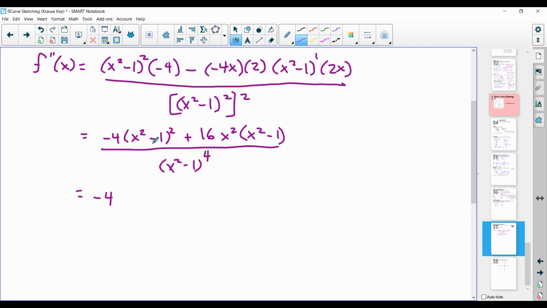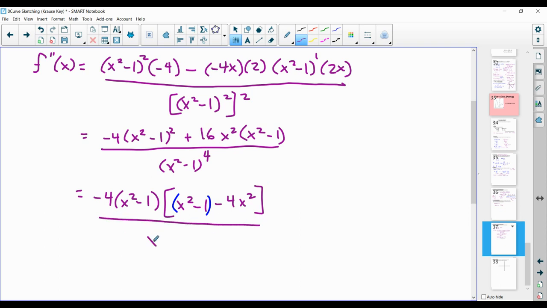Remember, we always pull out our factor that has the lowest degree. So we're going to pull out an x squared minus 1. And that's going to leave us with an x squared minus 1 minus 4x squared. And if it's helpful to still have this part in brackets, you certainly can, for simplifying purposes. And then in the denominator, we've got x squared minus 1 all to the 4th.